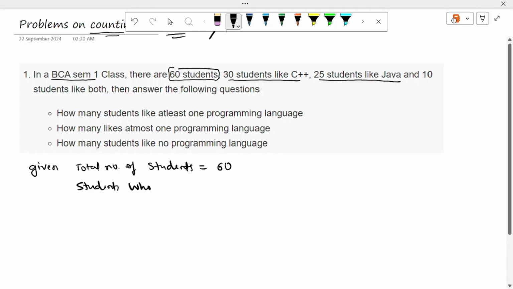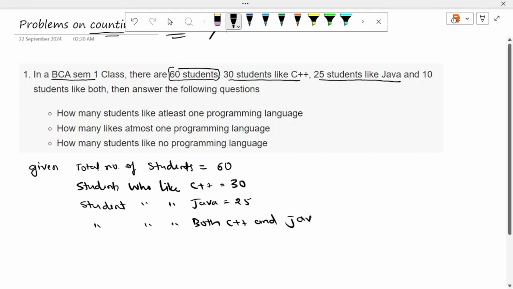Students who like C++ is equal to 30, and students who like Java are 25, and students who like both C++ and Java are 10.